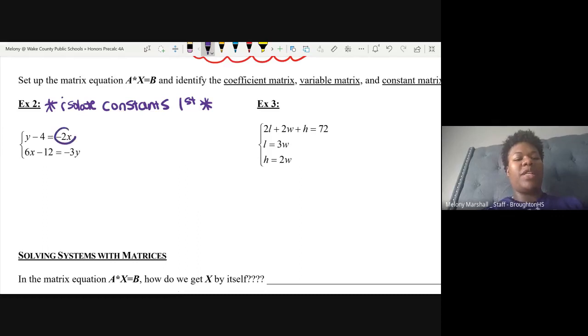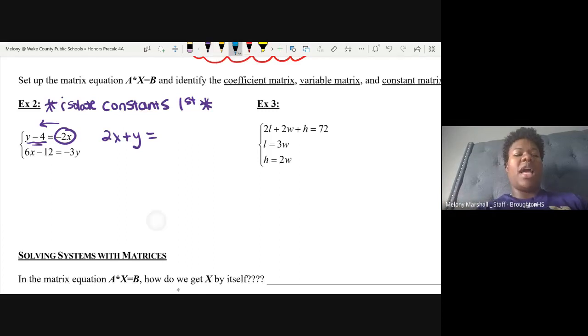So I'm going to move this -2x to the left side. And so that means it's going to be positive. Well, on the left side, the thing that has a variable is the y. So plus y equals, and then our poor 4 has to go to the other side. So this 4 right here is the thing that has to move. And when it moves to the other side, it goes from being a -4 to a +4. And now we have isolated our constant. The constant is by itself.